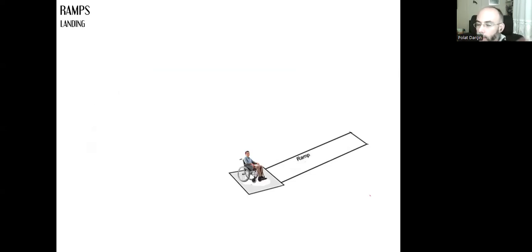The size of the landing cannot be smaller than the width of the ramp. But for wheelchairs, it takes a larger area. It needs a larger area to rotate. So we need to consider that the minimum required size for a wheelchair to rotate around itself is 150 centimeters.